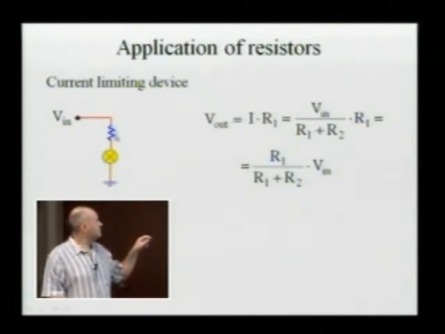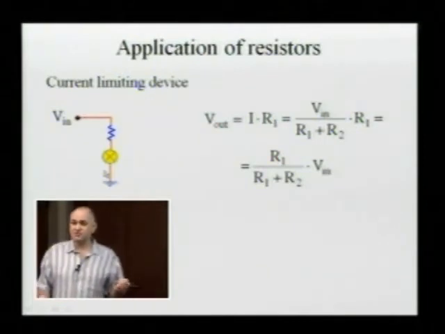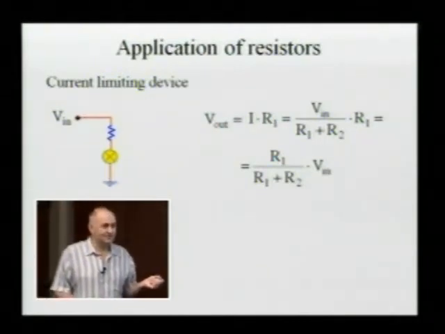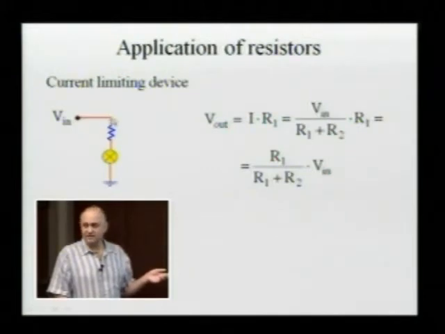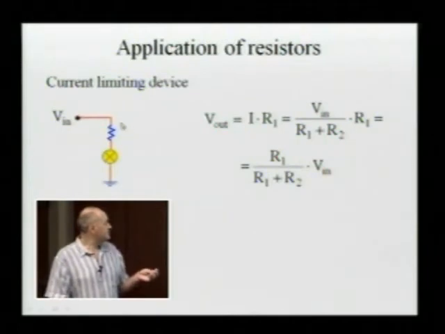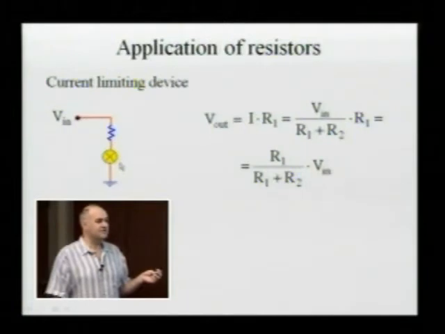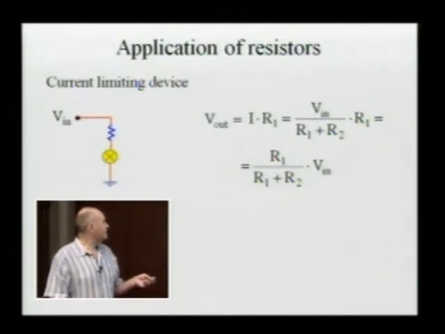Now I can use a resistor as a current limiting device in the circuit. So for example, if I have a light bulb which operates at 3 volts and I want to connect it to a 9-volt battery, I can connect it through a resistor. This system also really works like a voltage divider. Let's say that the resistance of the light bulb is 1 ohm. What kind of resistor would I have to use?